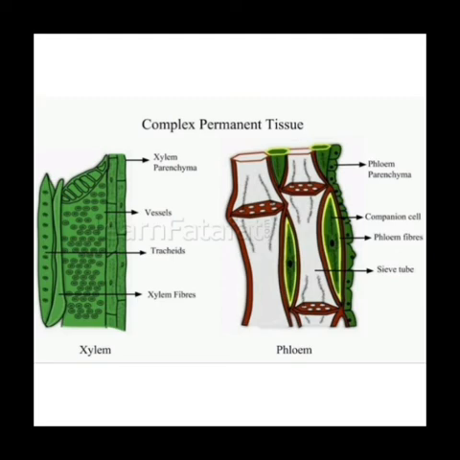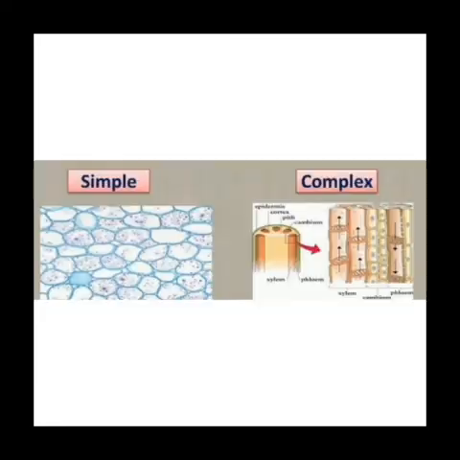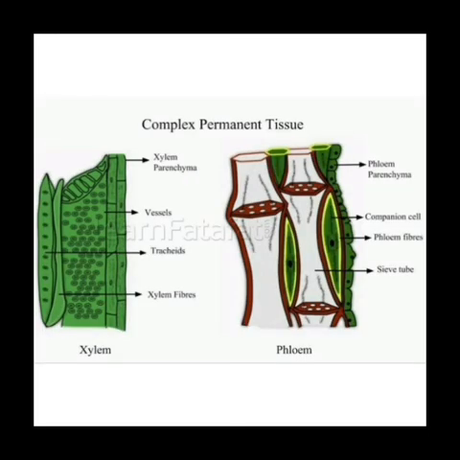So, the first 3, that is parenchyma, collenchyma and sclerenchyma, are called simple permanent tissues, and xylem and phloem, which are formed of more than one type of cells, are grouped under complex permanent tissues. But all these cells together do a common function. All the elements of xylem together carry water and the 4 elements of phloem together transport food.